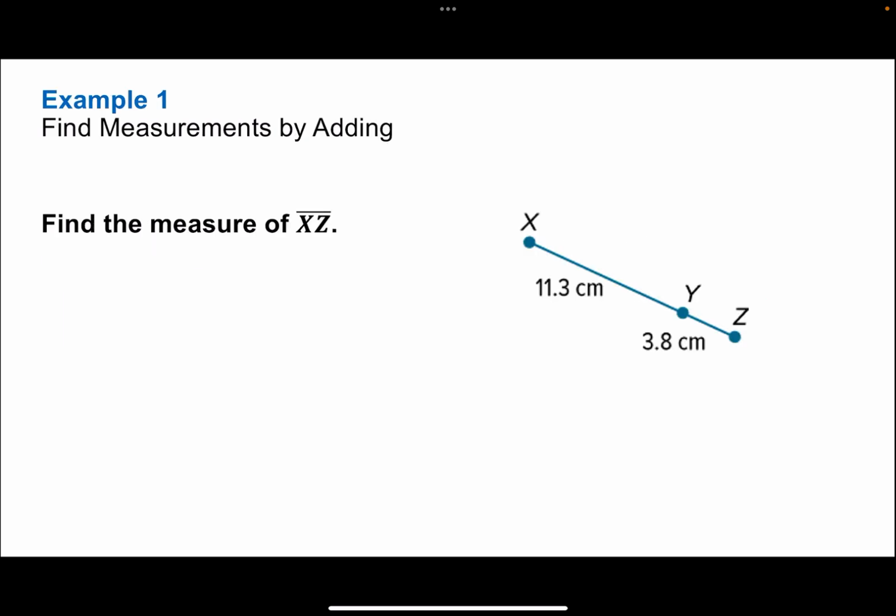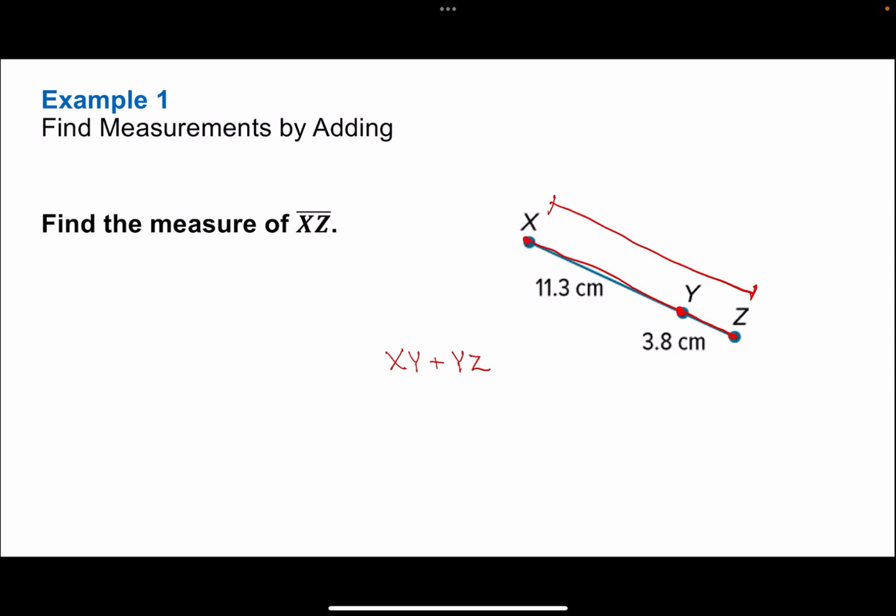So our first example is going to be to find the measure of segment XZ. From X to Z, X is an endpoint, Z is an endpoint, and Y is between those 2 points. If we want to find the distance between X and Z, this total distance between these 2 points has to be the sum of the distance between X and Y, and the distance between Y and Z. Because remember, points have no thickness, no dimension.